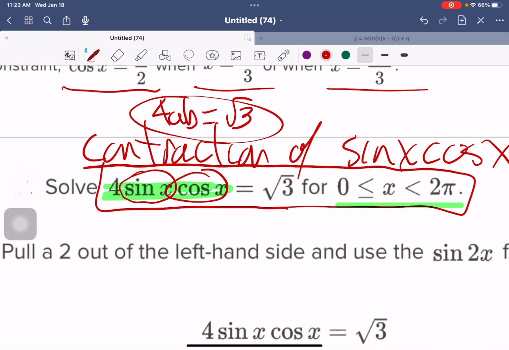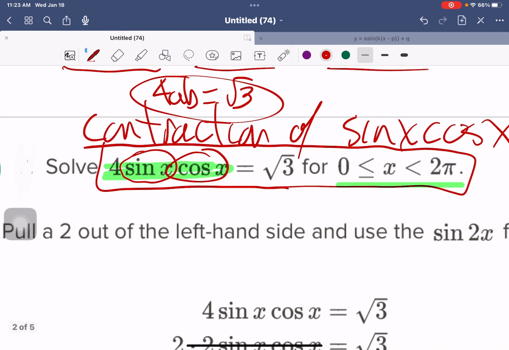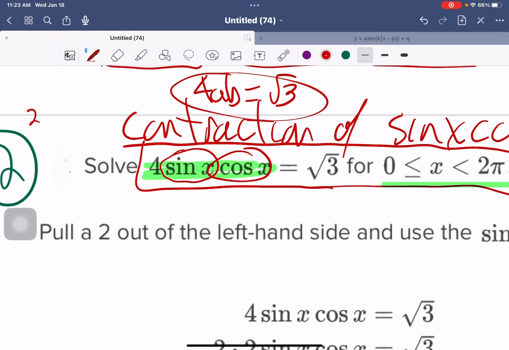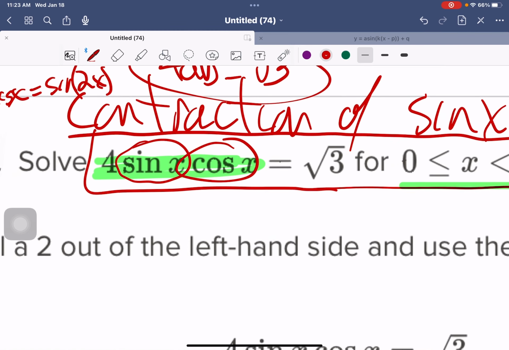So I need to represent it with just one trig ratio. How do I do that? Well, I know that 2 sine x cos x equals sine 2x, right? And that reduces from 2 different ratios to one ratio. Now, there's different ways to do this.